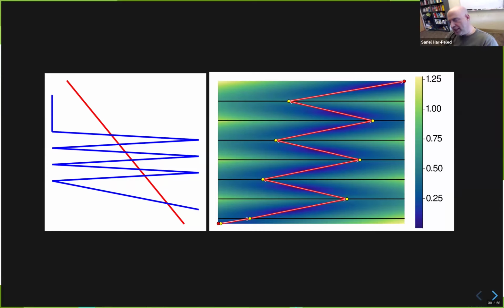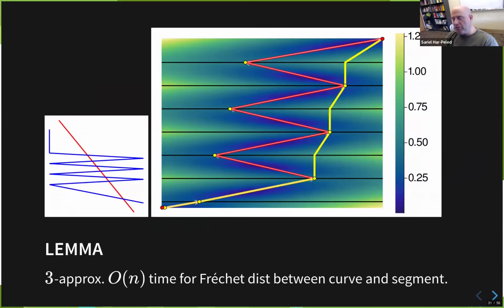And now what you do, you just take this morphing and you make it monotone, right? And what we prove is that this is a constant approximation. And I believe, by the way, that this is true in general, right? I believe that if you take the retractable Fréchet morphing and you monotonize it, you always get a constant approximation to the regular Fréchet distance.